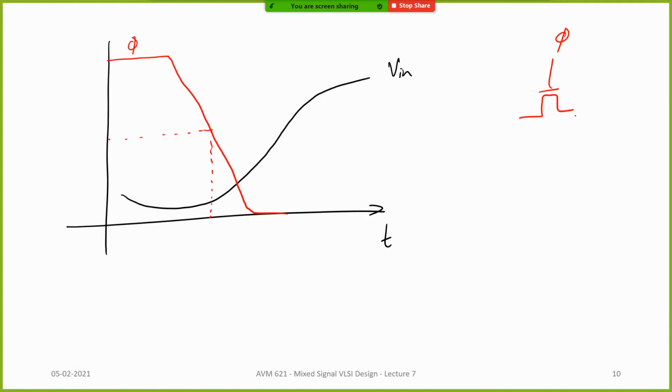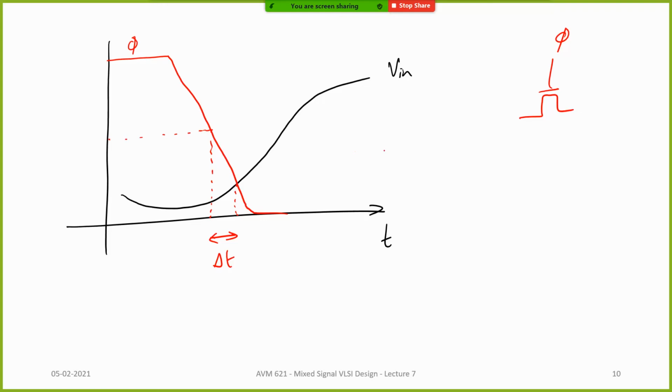If you do not do bootstrapping, there's one more problem here. Because your Vin at this point is quite low, the transistor will actually turn off only somewhere here. Suppose your Vin is quite high, then the transistor will turn off somewhere at a higher location. In other words, you are getting some delta t in the sampling instant.